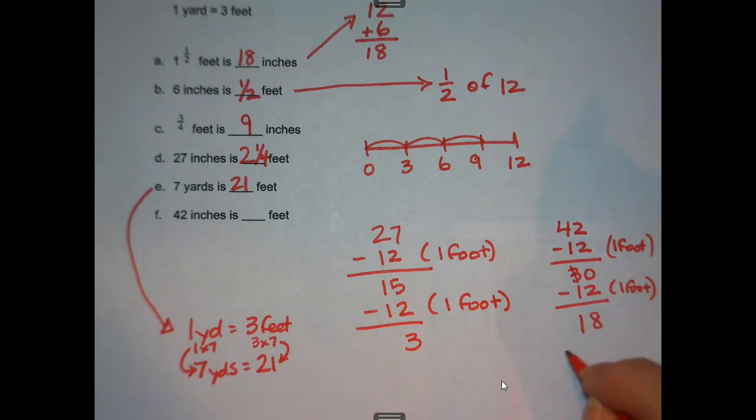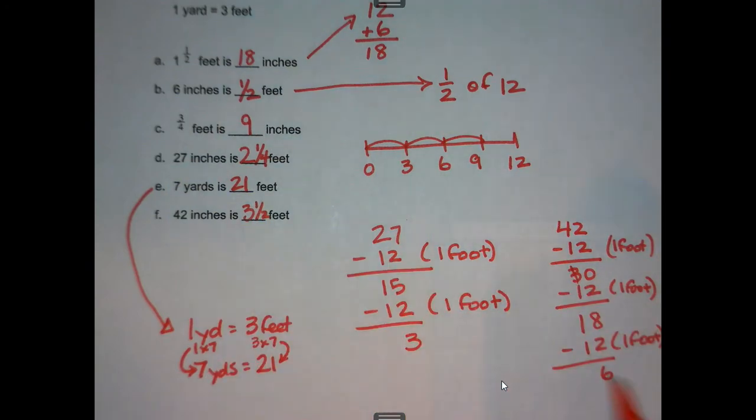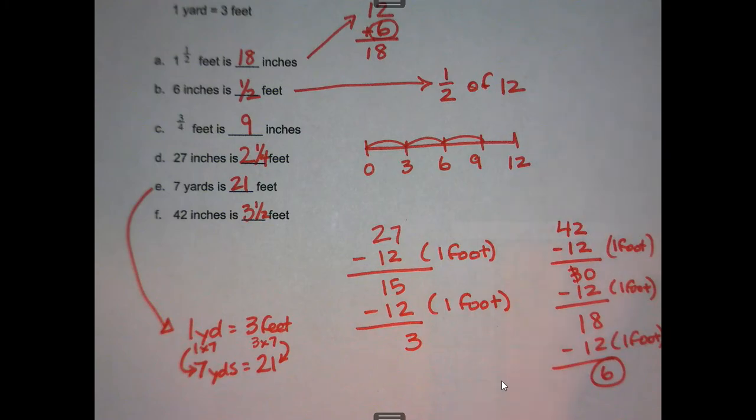Take away another foot. That gives me 6 left over. So I've got 3 and 1/2 feet because we learned up above that 6 inches is half a foot.